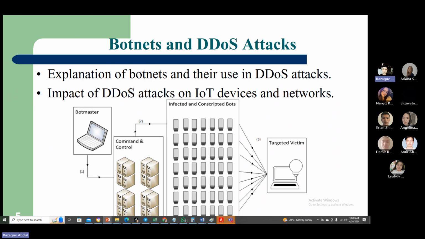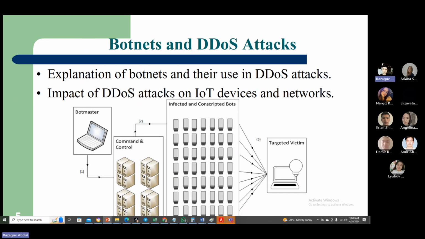So botnets are created by infecting a large number of devices with malware, which gives the attacker control over them. So we can say the IoT devices are particularly attractive due to their sheer numbers and often inadequate security measures implemented in these devices.